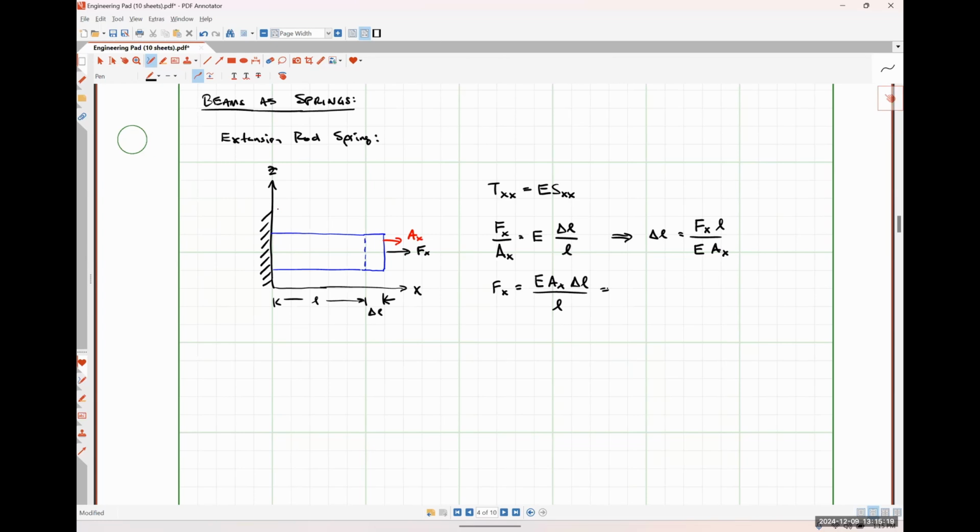Hooke's law is just F is equal to K, our spring constant, times the amount of spring extension, which is what we're calling delta L, right? So I'm going to call this K subscript E, where this is just the spring constant for a beam in extension, times delta L. And from this then, KE is E A(x) over L.